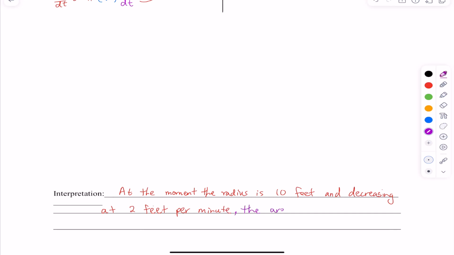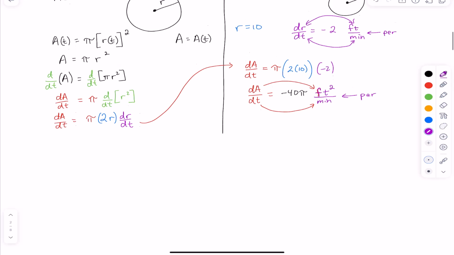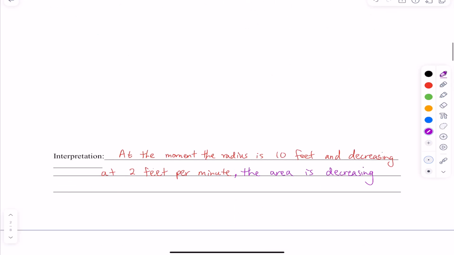The area is decreasing (40 pi square feet per minute). And that shows a relationship there.